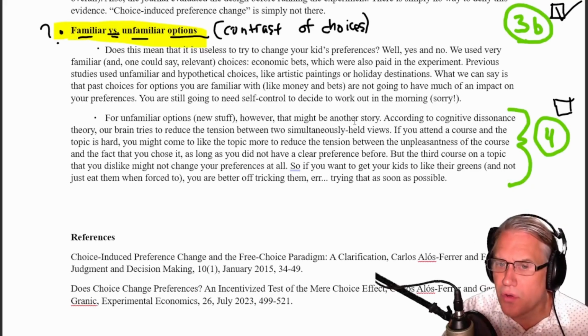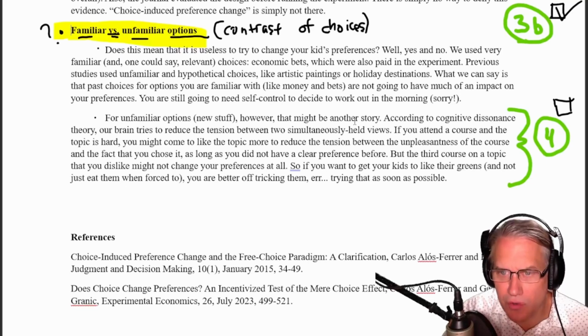But the third course on a topic that you dislike might not change your preferences at all. So, if you want to get your kids to like their greens and not just eat them too, you are better off tricking them or trying that as soon as possible.